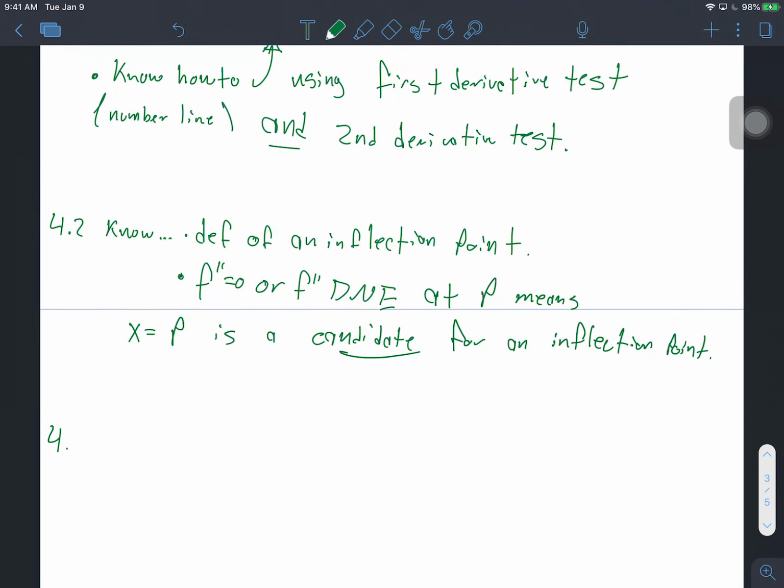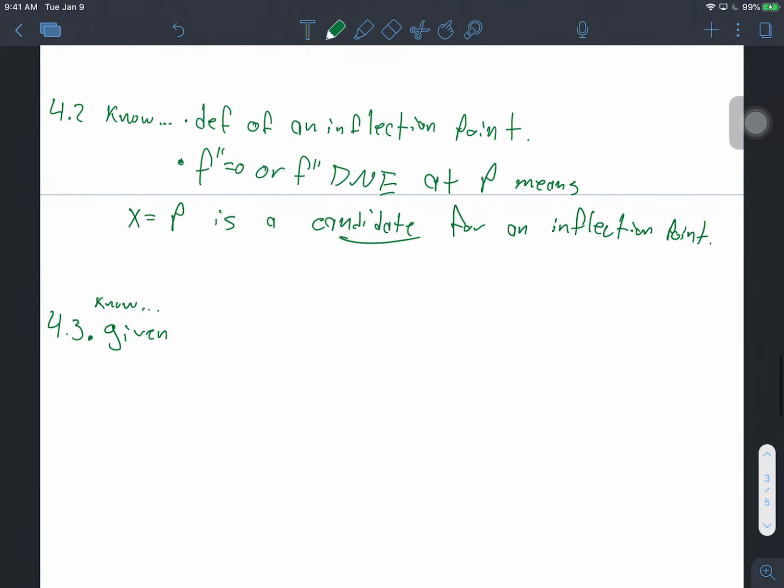Okay, 4.3. So we haven't gotten into this yet, but we will soon.